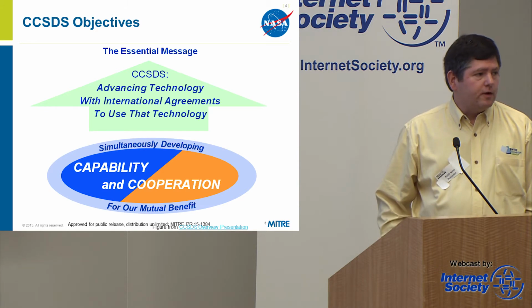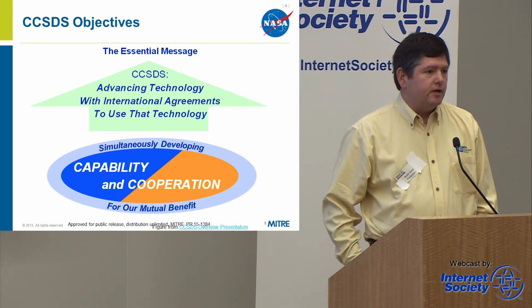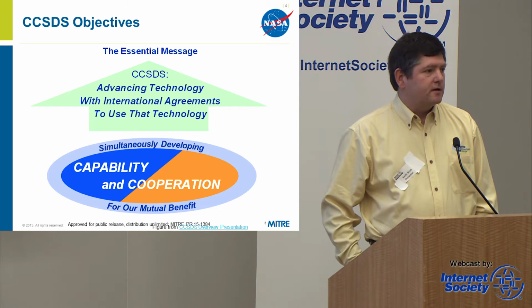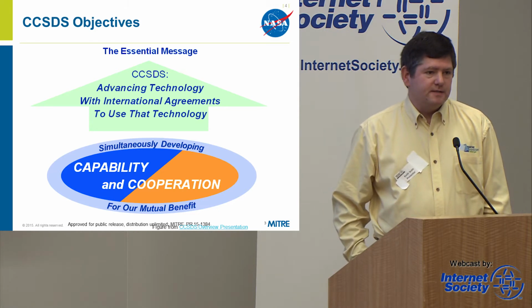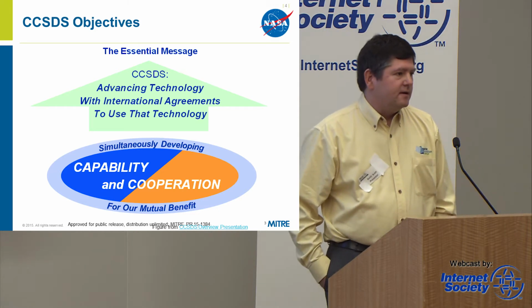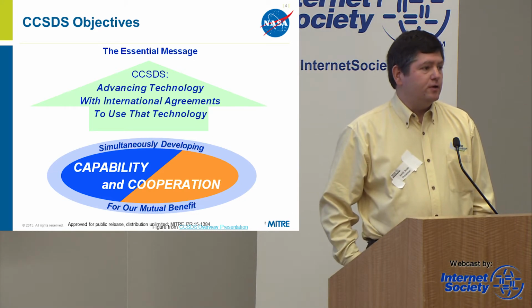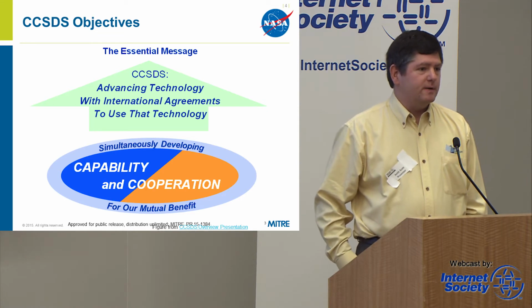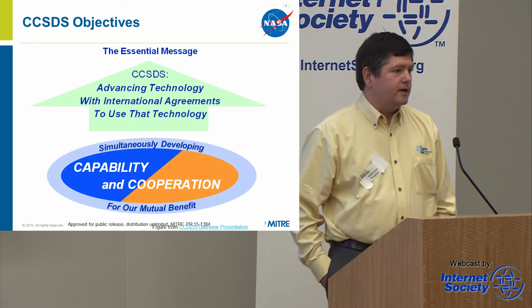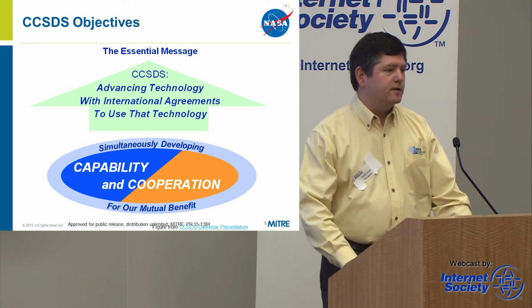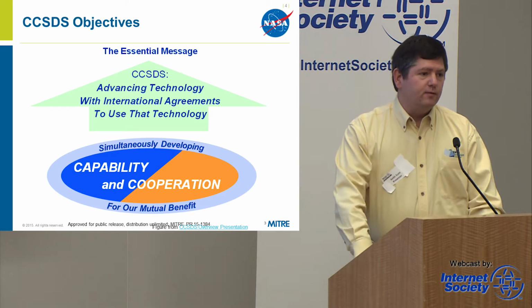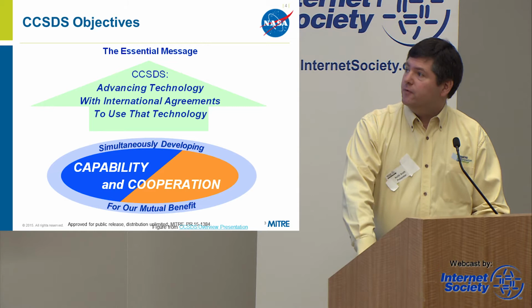So what they're looking for is standardization in order to enable things like cross support, because as various people have pointed out, when something goes wrong, there's not a lot that you can do about it. But you want everybody on the ground who can possibly talk to a spacecraft that's in trouble to start talking to it and telling it to go into safe mode or do whatever you think you need it to do in order to recover from the problem.